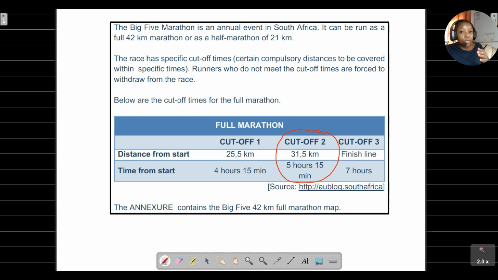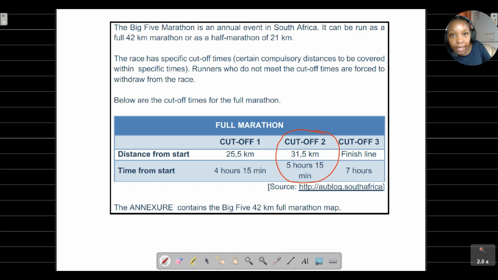We're going to use the distance of 31.5 kilometers, as well as the time of 5 hours and 15 minutes, to determine his average speed. And his average speed needs to be 6 kilometers per hour or more.